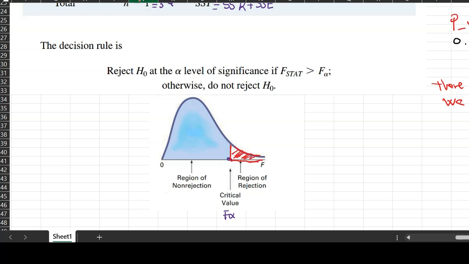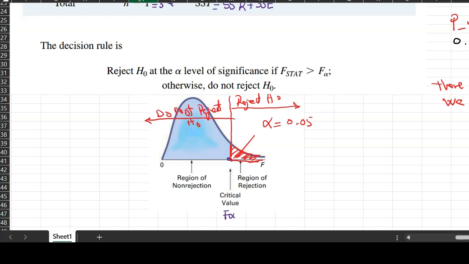So this is my alpha value in here, 0.05. Where the alpha stops, you separate the chart into two zones, the rejection zone: reject H0 here, and from this side do not reject H0.